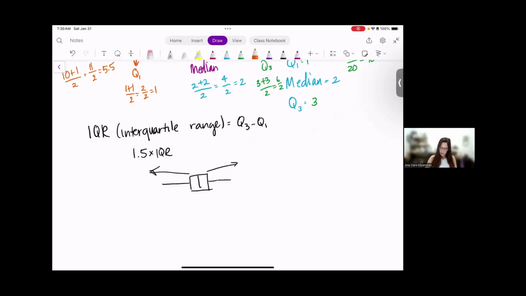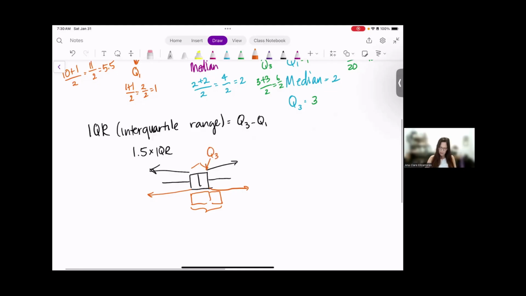And the fence width is based on how big the interquartile range is. So you're multiplying this box by 1.5. So you're getting a length of 1.5 the box plot, or 1.5 the box in that 50%, and you're adding it to the third quartile and you're subtracting it from the first quartile.